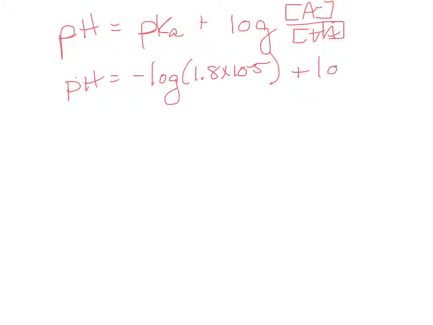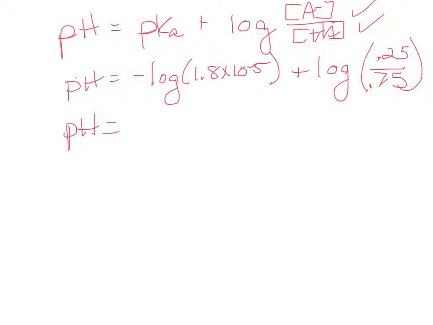And we just calculated in the mole table the mole ratio of the conjugate base to the conjugate acid. We made 0.25 moles of the acetate ion, the conjugate base, and we have 0.75 moles of the original acetic acid left. So now just doing the math, the pKa is 4.74.